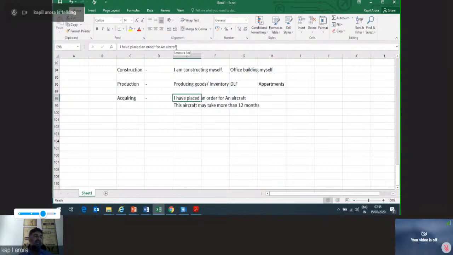We can add the borrowing cost if it is treated as a qualifying asset, and borrowing cost related to that will be capitalized in the value of the asset. Either I am constructing myself, or I am producing myself, or I have given the order so that somebody else is producing on my behalf for me. That will also be added in the value of the asset.